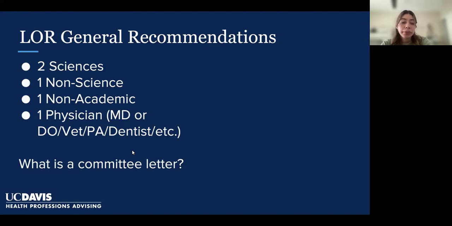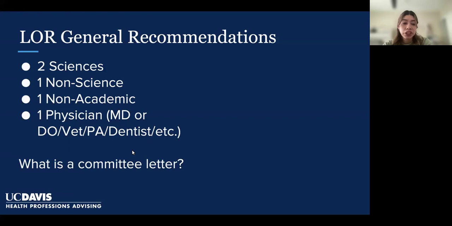So for general requirements, we typically recommend two sciences, so two science professors, and one non-science professor. This could be a professor you might have taken for humanities or social science, maybe a writing class. One non-academic. This non-academic can be a volunteer opportunity or a job or someone who can speak to your abilities.